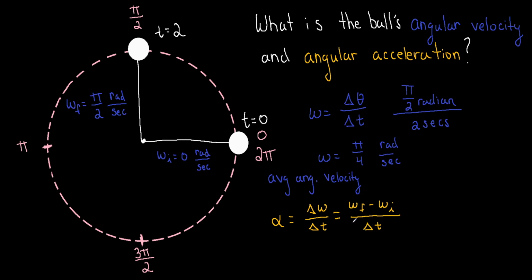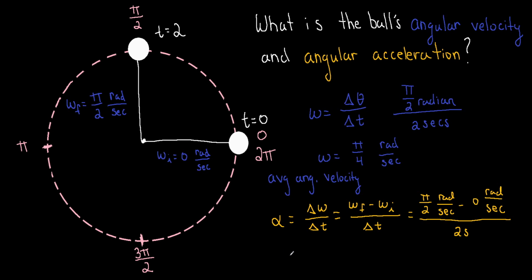So now we can plug in our known variables. We know that the final angular velocity is pi over 2 radians per second. And we know that our initial angular velocity is 0 radians per second. And this is all divided by our change in time, which is 2 seconds.